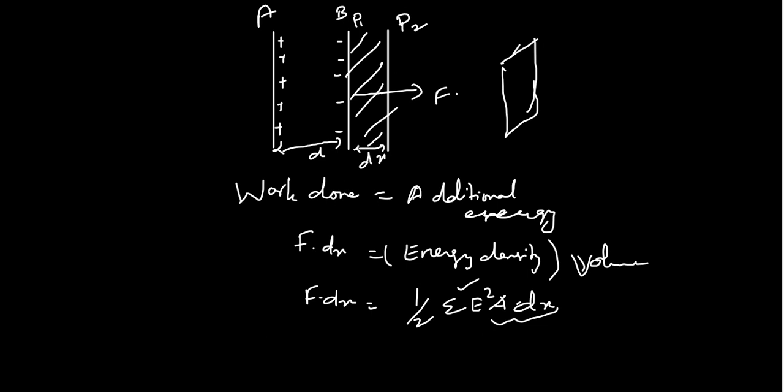So dx will be removed, and you can write F equals 1/2 epsilon E squared A Newton, and F by A, the force per unit area, is given by 1/2 epsilon E squared.